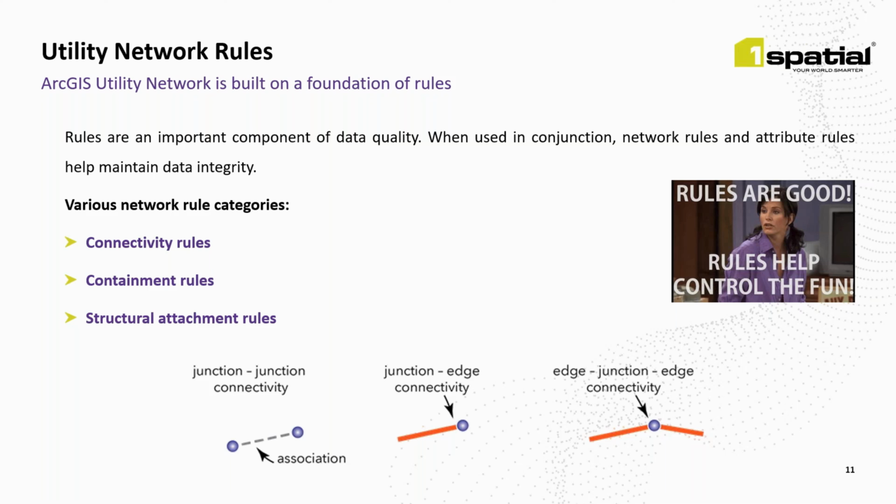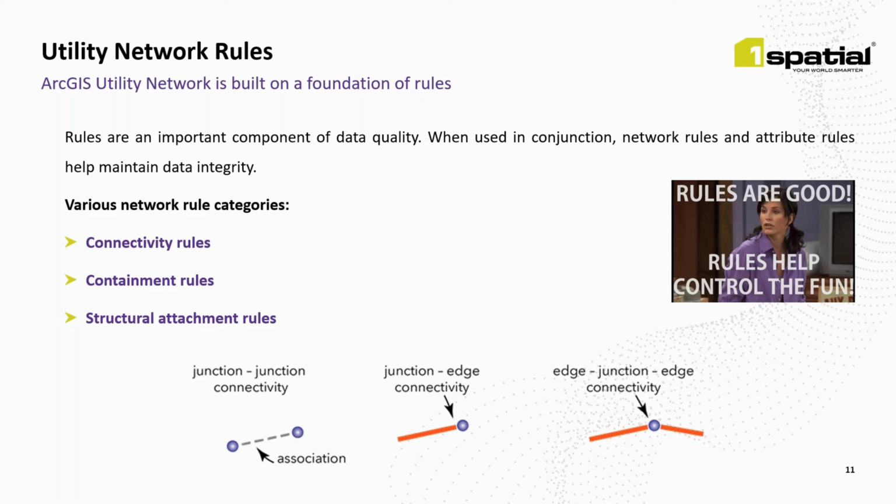Some determine the connectivity within your network, so which features can connect to other features, and if two features are found in the data set where there is not a corresponding rule, then that will ultimately throw an error, and that will be presented to the user to say, hey, there's no rule for this kind of connectivity. You need to make a change here in the data so it conforms to the rules.